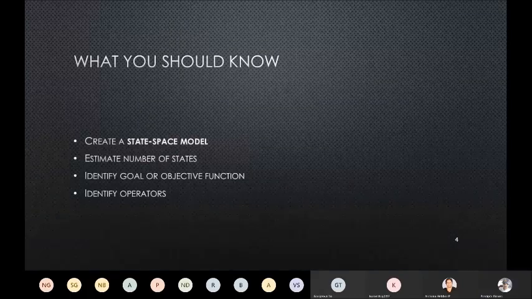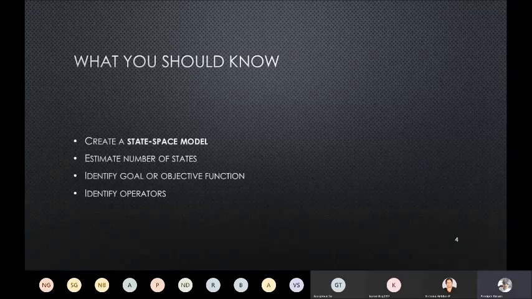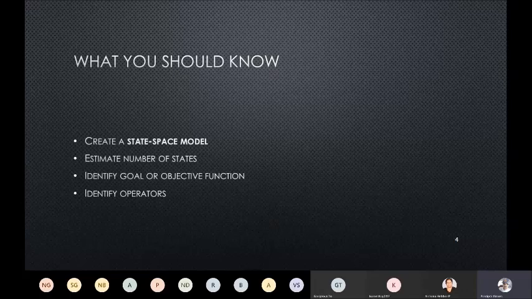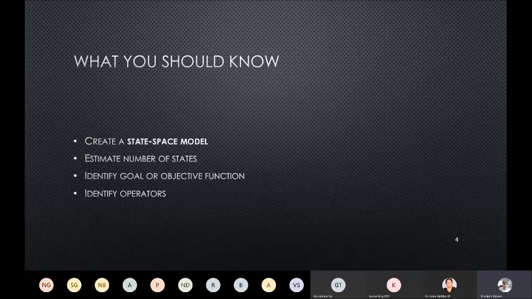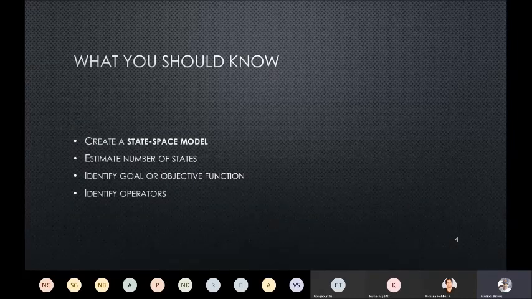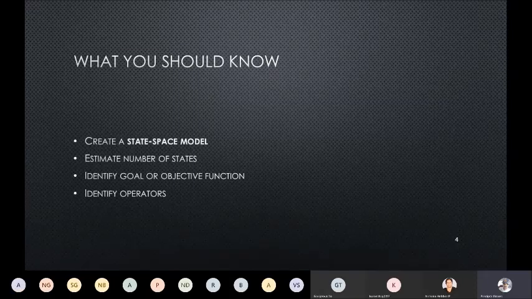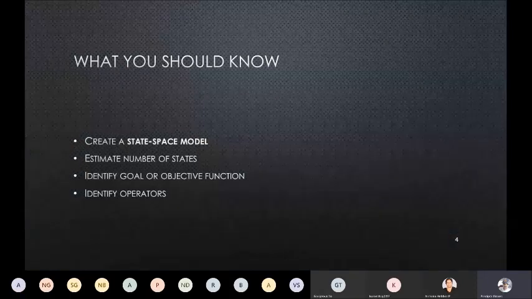Again, as I mentioned in the last class, this course is not a course on traditional artificial intelligence. So we will not go into the formal proofs, but we will mostly look at the what. In this context, what we are going to learn today is how to create a state space model, because remember that we will not work on developing a new state space search algorithm.